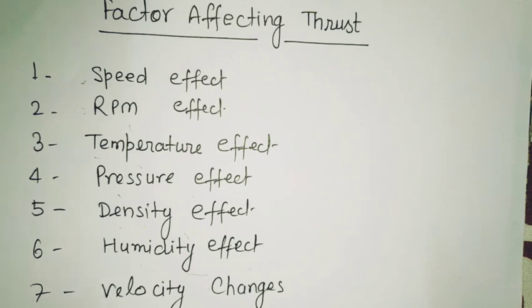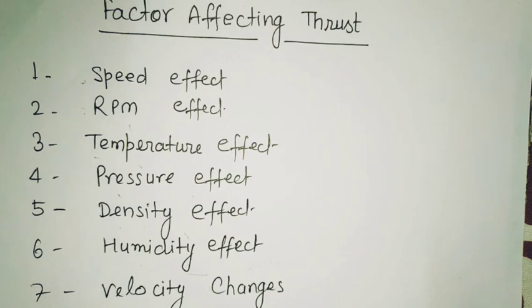Last is velocity effect. What is the velocity effect? That is a reaction to action on a stream of air. It flows through the engine at less than sonic speed at the inlet of the compressor. So the design of the inlet is concerned.